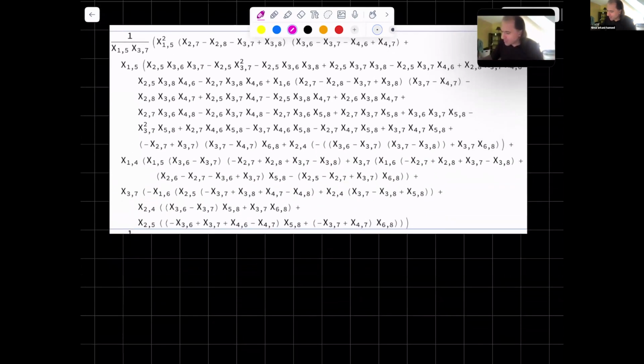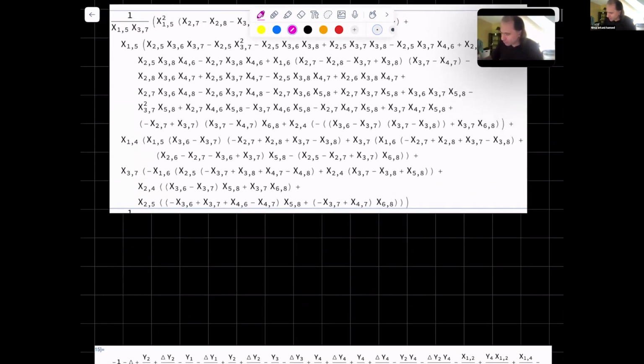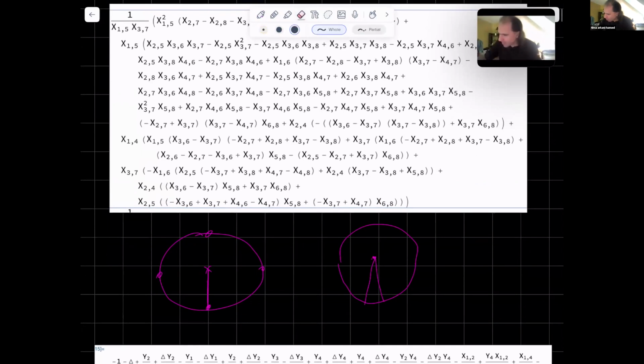All this business about surfaceology is really telling us the following important thing, that if I think about a loop amplitude, and I imagine cutting here, right? Well, this is supposed to be given by a tree where I imagine cutting this guy open, okay? With two extra lines like this.